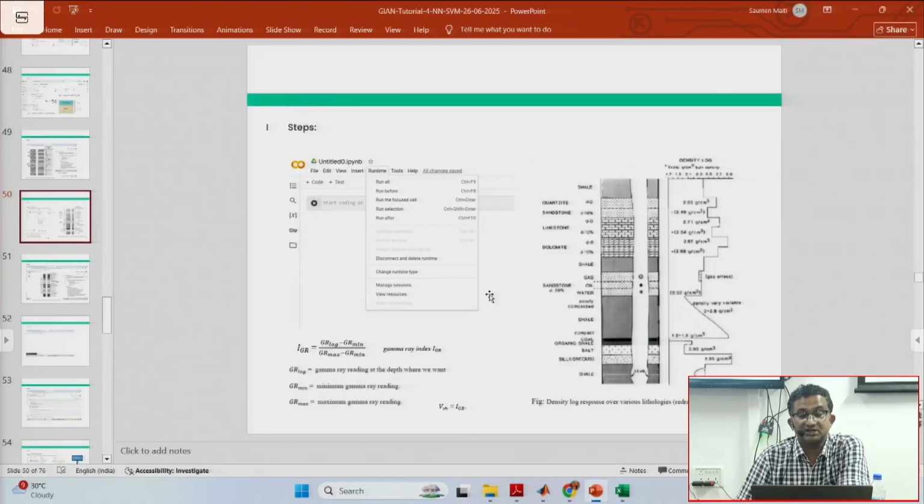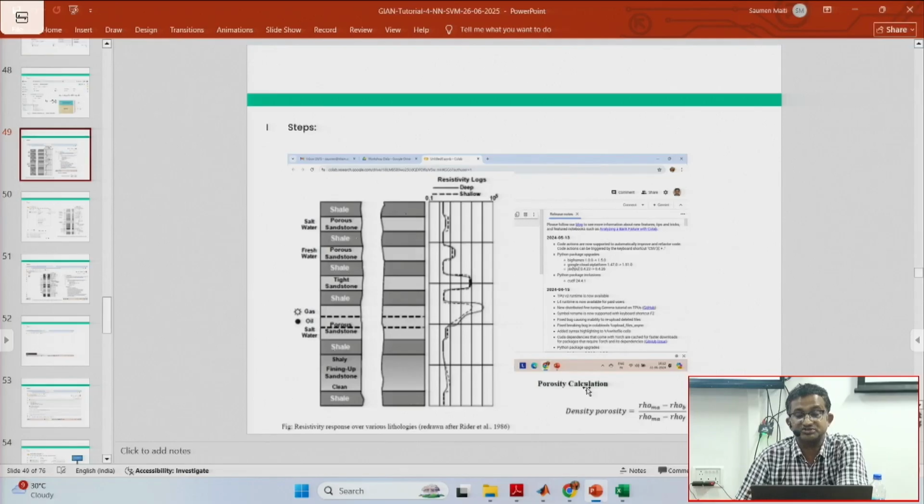The formulas are required to find all this. Porosity may be calculated in different ways. Directly there is a neutron porosity, there is a density porosity, so different petrophysical formulas.